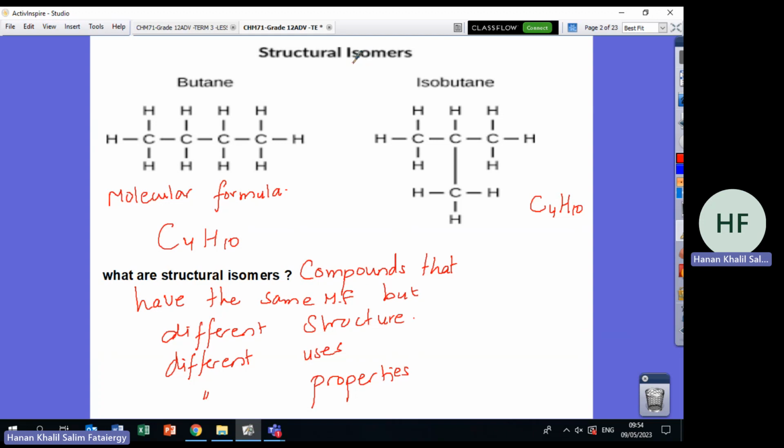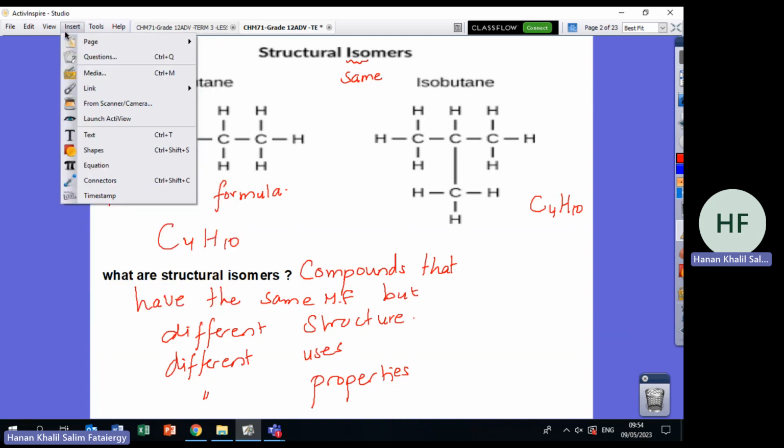Always when you see a word that starts with iso, it means there is something that is the same. What is the same? The molecular formula is the same, but the structure is different, the uses are different, the properties are different.